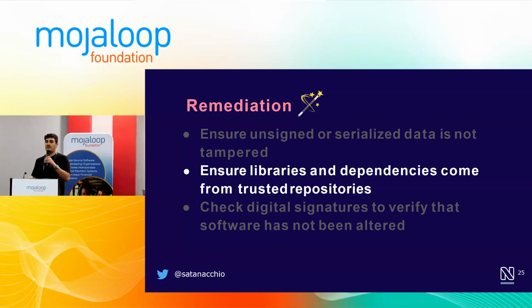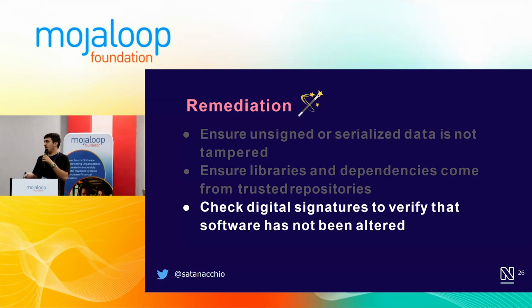We developers have this tendency to download whatever is on the internet, just trusting that it's good and doesn't contain malicious payloads, but this is a bad idea. And always check digital signatures when they are available to verify that the software has not been tampered. This is quite easy. The most common one is to do the checksum of something and check it corresponds. But this is not 100% true, because if someone could change the payload, they could also change the checksum associated to it.